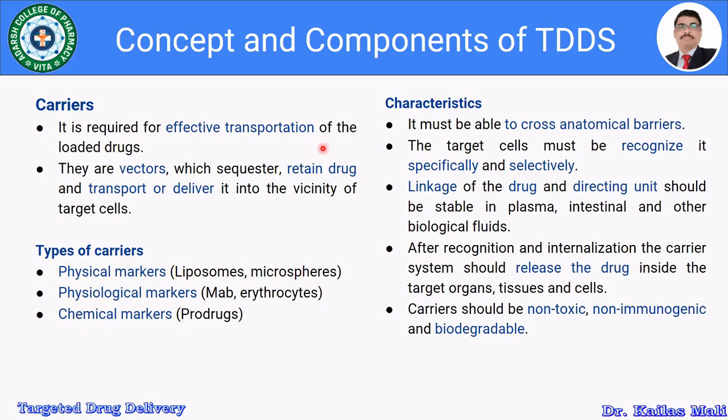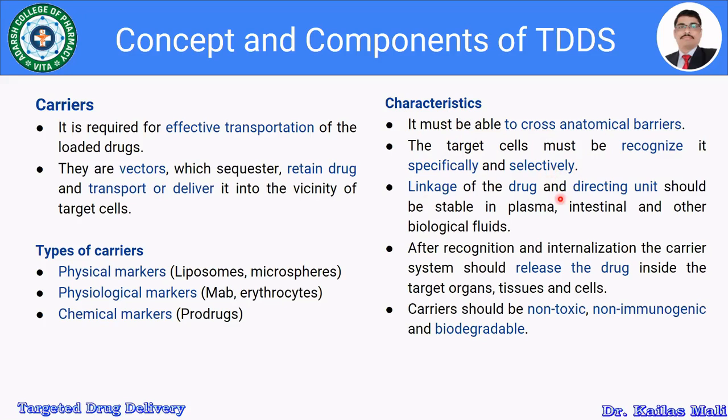Let us see the characteristics of the carriers, which are very important because they are going to decide the efficacy of the targeted drug delivery system. Whatever the carrier is, it must be able to cross the anatomical barrier. That is the very first important characteristic. The target cell must recognize the carrier specifically and selectively. So whatever carrier is used for targeted drug delivery system, it should be recognized by the target cell.